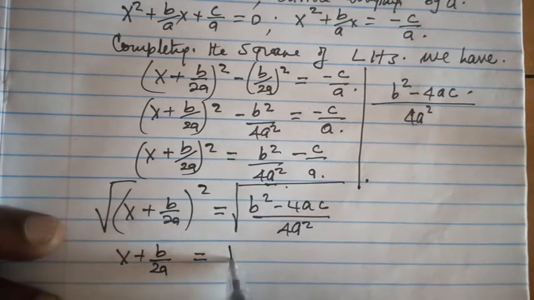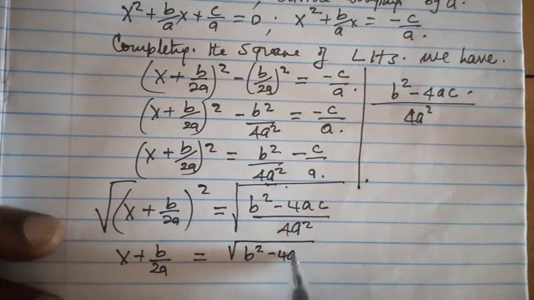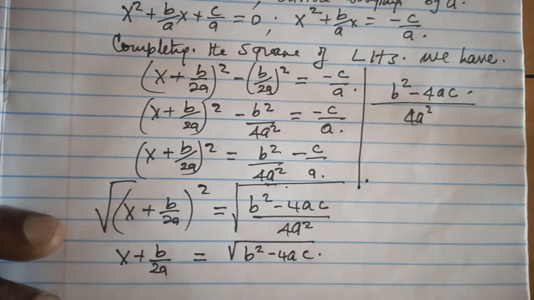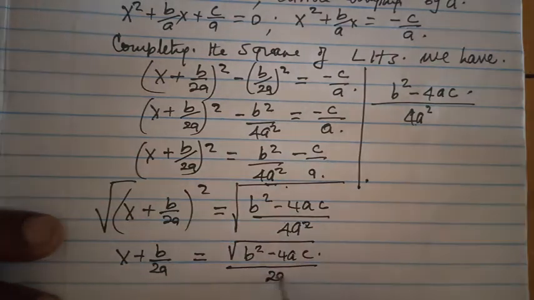So we leave it just like that under its root, b squared minus 4ac. But the denominator has a terminating square root, and the square root of 4a squared is 2a.